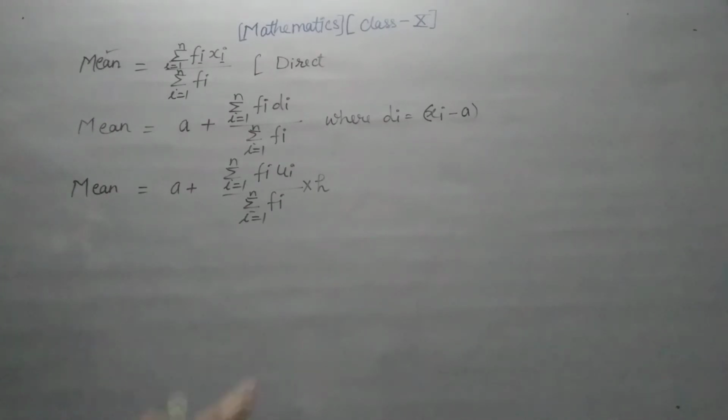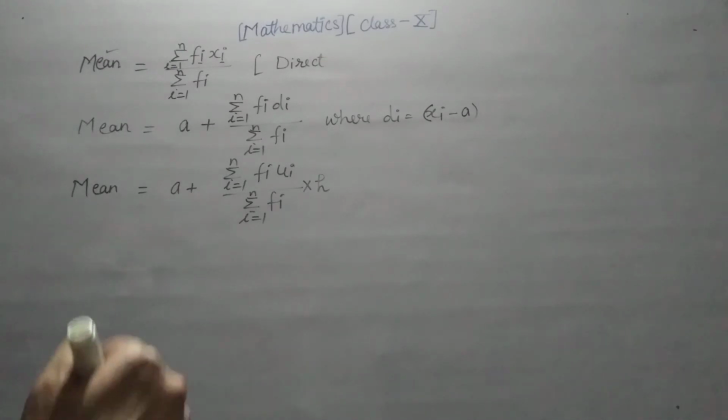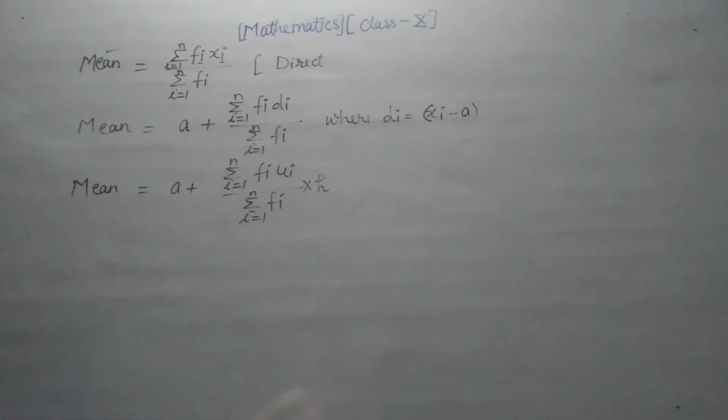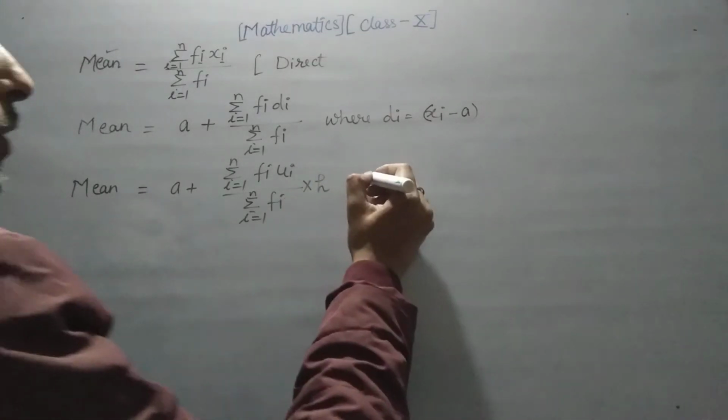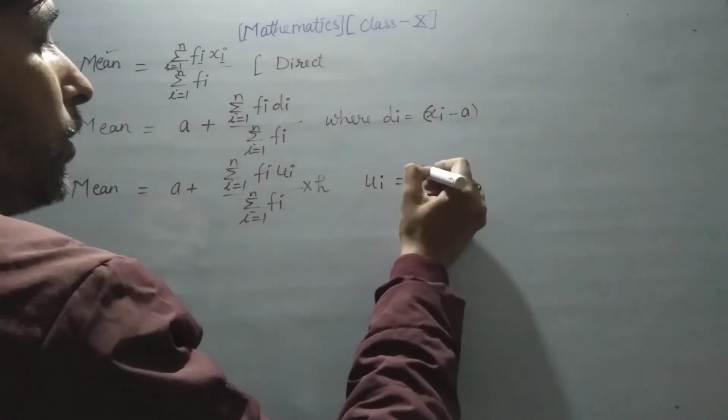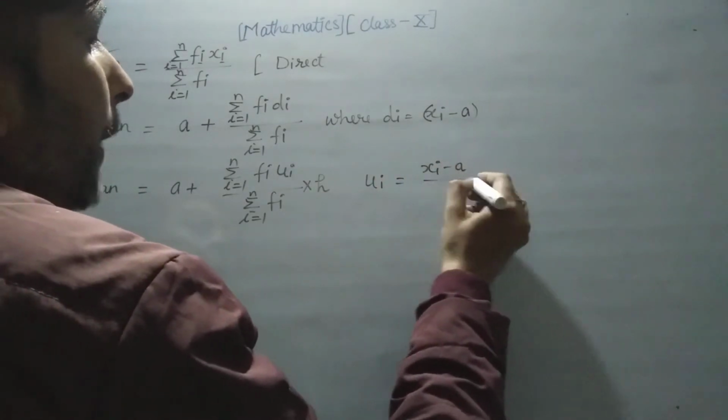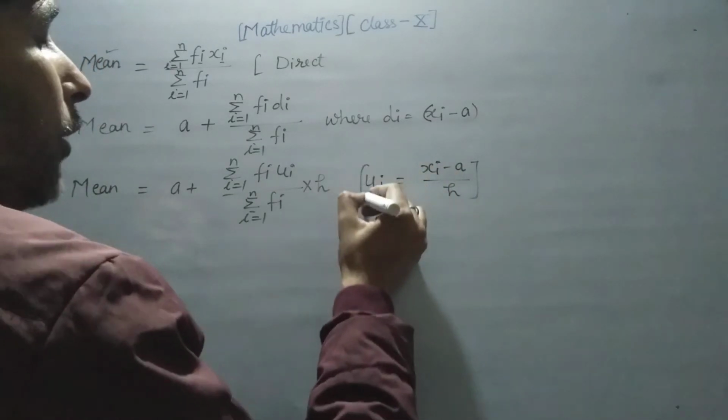This method is deleted from your syllabus, but I explain it here because it helps when your calculation is so high or difficult; then you use this formula, your calculation is minimized, and you can simply calculate the mean. Here ui is equal to xi minus a upon h.